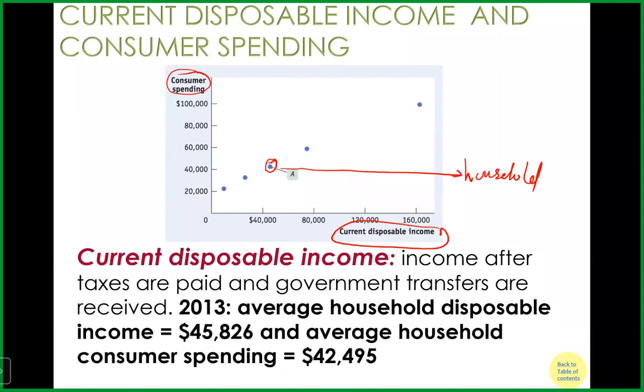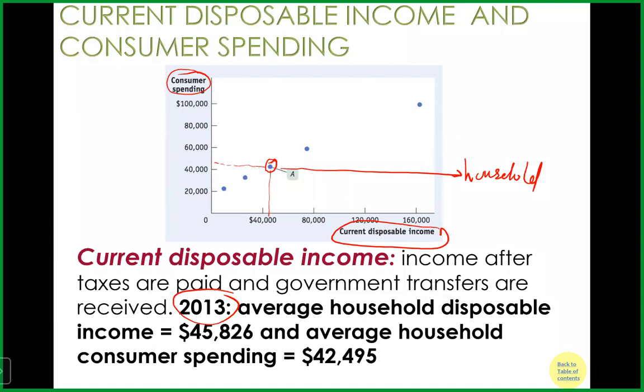And here, what we look at is 2013. In 2013, this graph just tells you that if some households have a disposable income of roughly 45,000, then their spending is close to 41 or 42 thousand. All right.